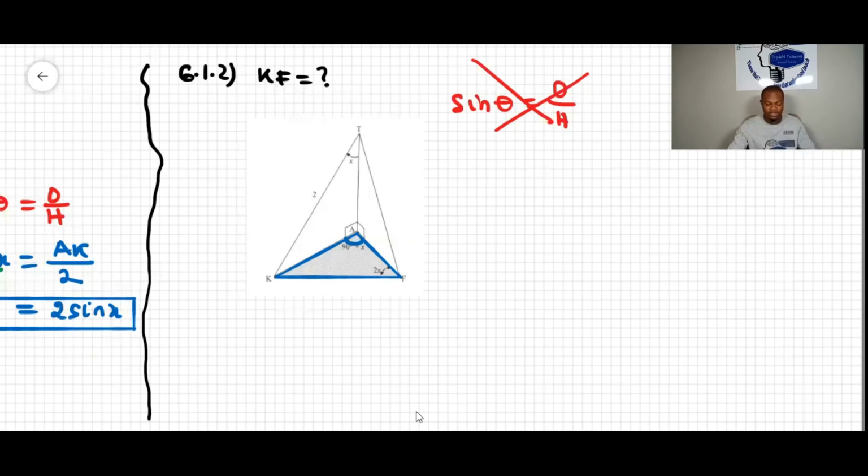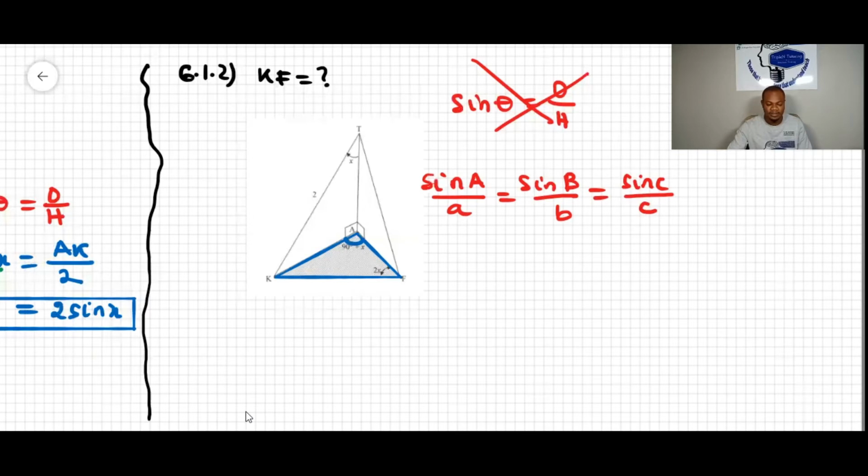The sine rule says this: sine A over a must be equal to sine B over b, and this must be equal to sine C over c. Now it depends on how we label our values.